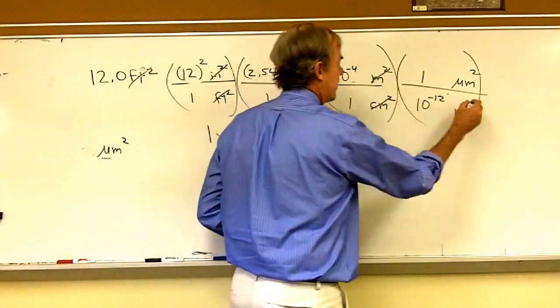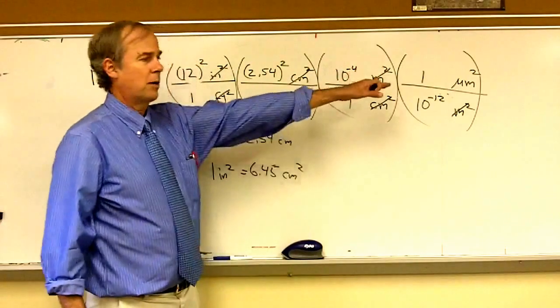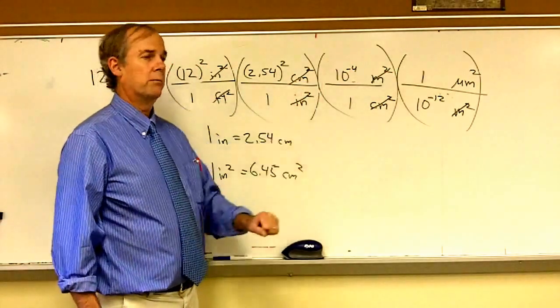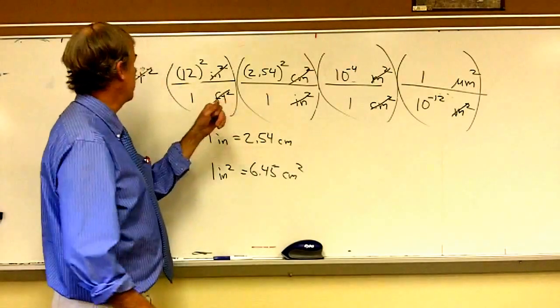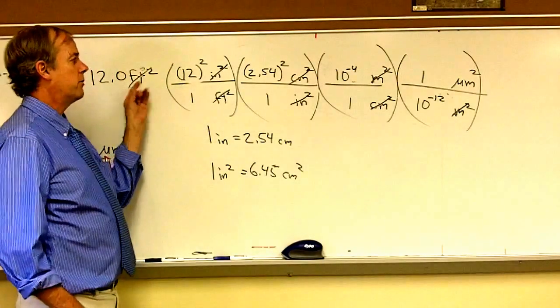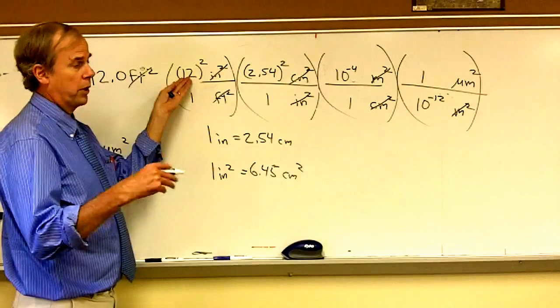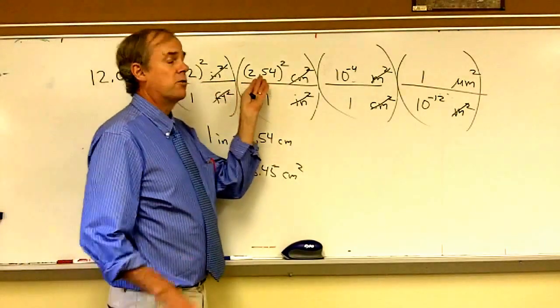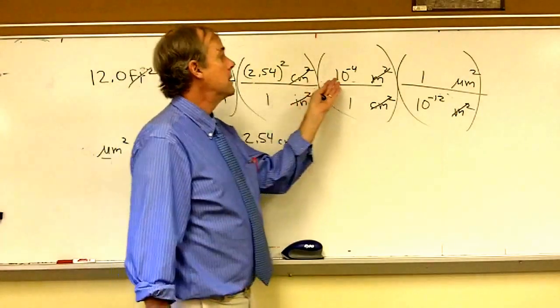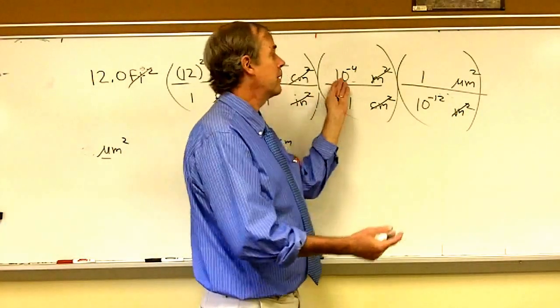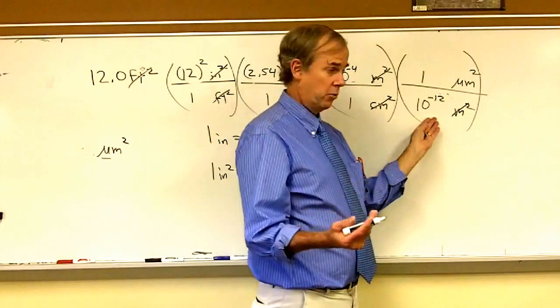Nevertheless, everything has now canceled with the exception of micrometers squared units, which is what I wanted. So I grab my calculator, multiply 12 times 12 squared, or 144, times 2.54 squared, or 6.45, times 10 to the negative 4th, and finally divide by 10 to the negative 12.